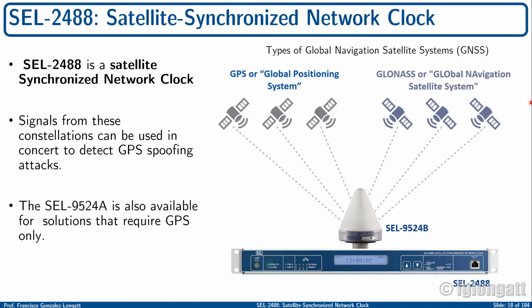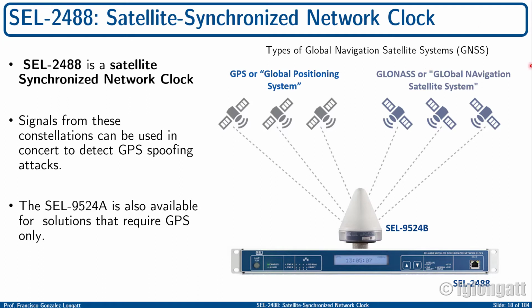This device uses the signal coming from a constellation of satellites around the Earth to get this time stamp that can then be used for many applications, including phasor measurement and wide area control inside power systems.